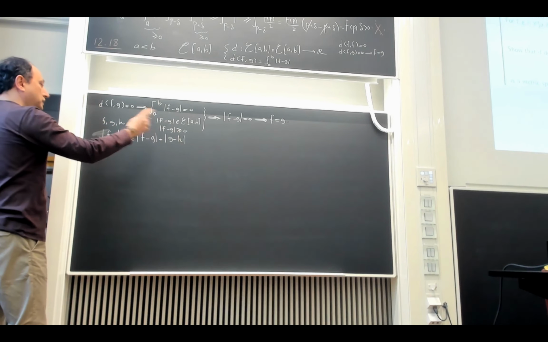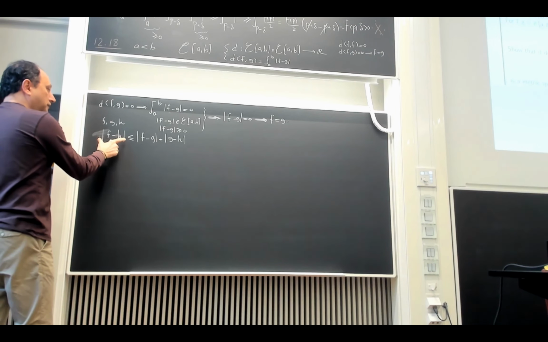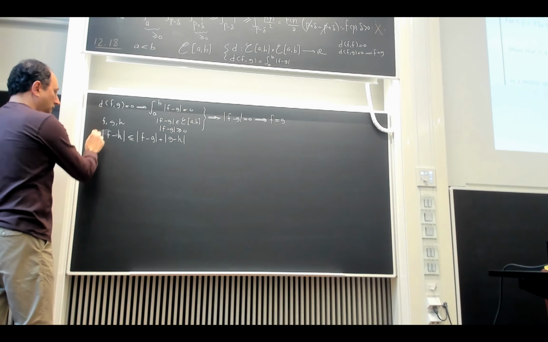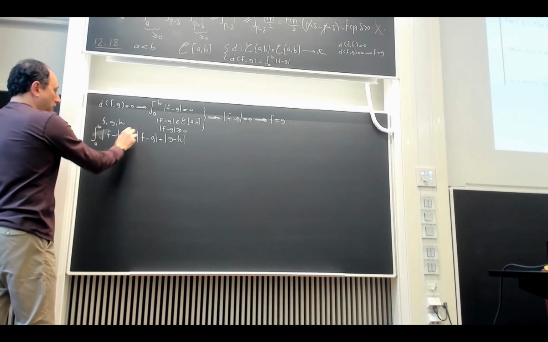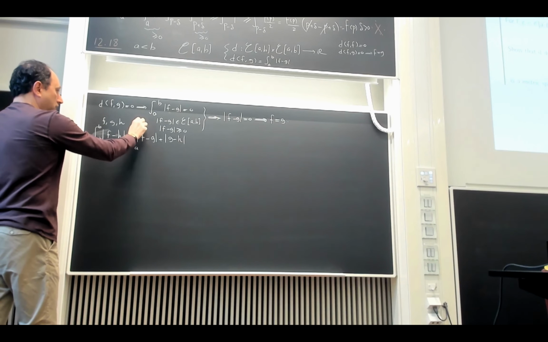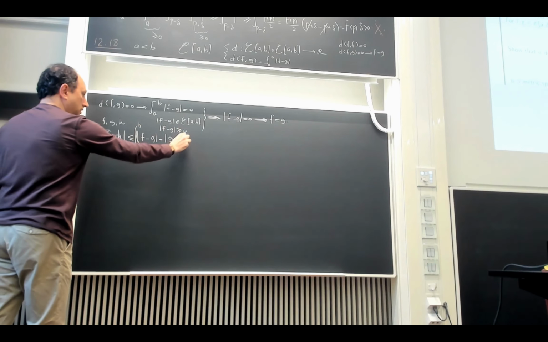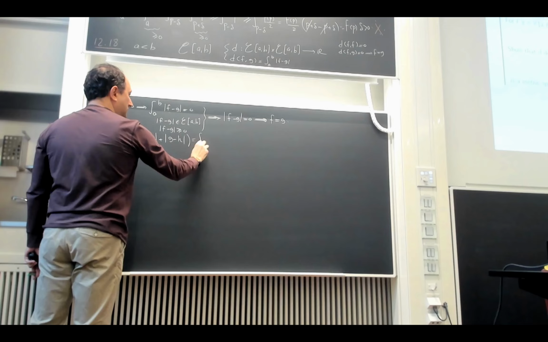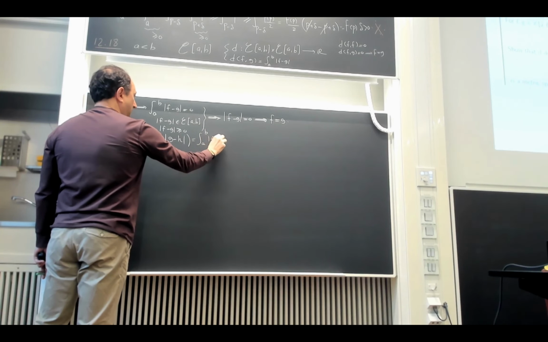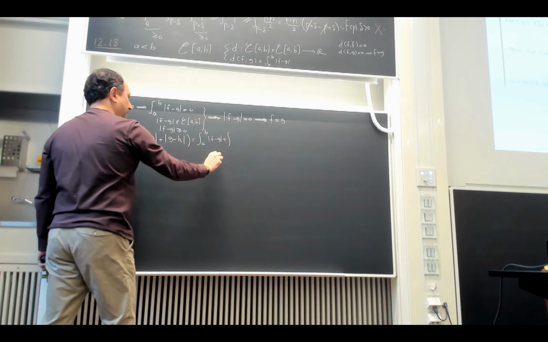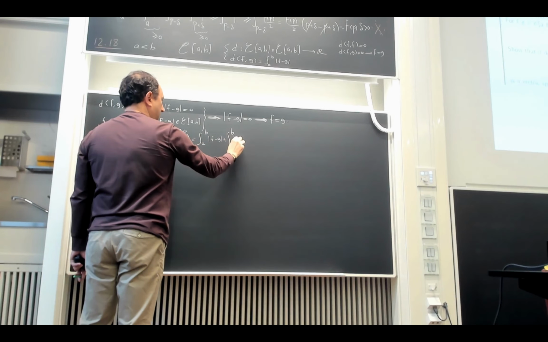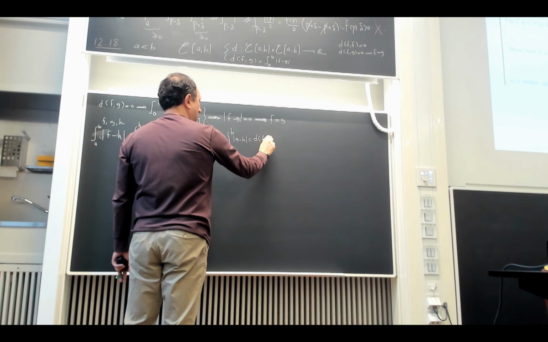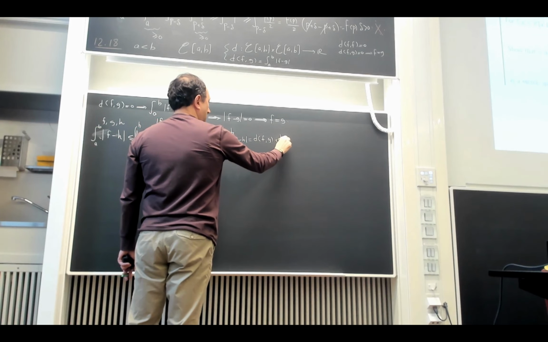And now, because we had the theorem that if one function is less than another function, and they are both integrable, the integral of this one will also be less than or equal to the integral of this expression. But the integral of a sum is the sum of integrals. And this one is just d(f,g) plus d(g,h).